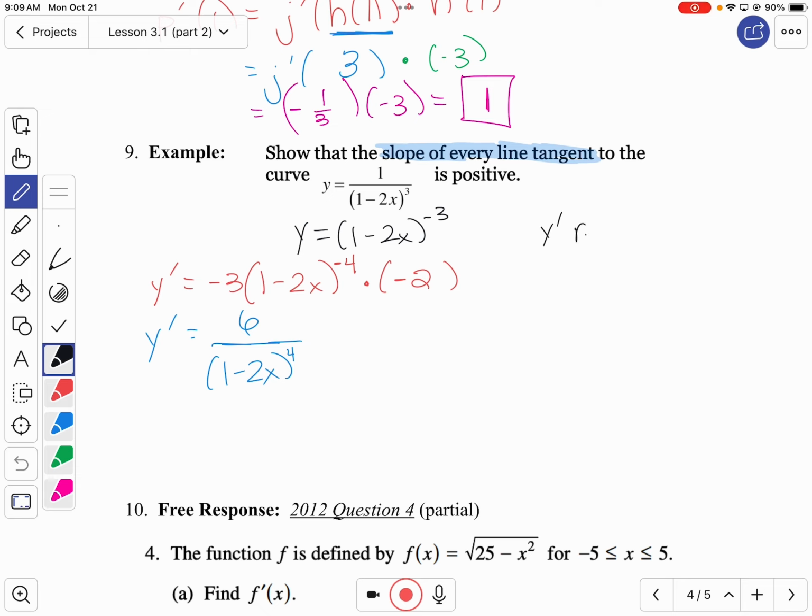Y prime represents the slope of the curve at any point x.